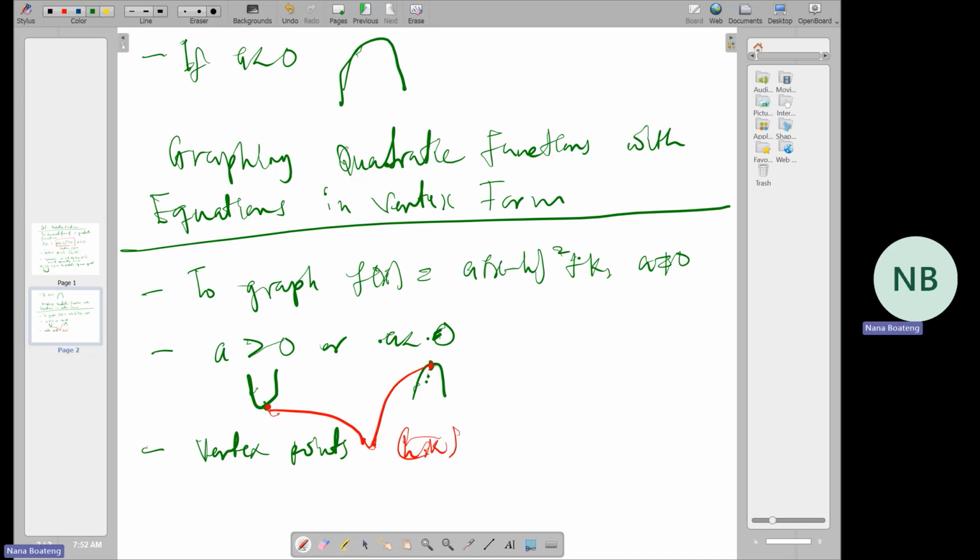And the next is we have to find the x-intercepts, which means we have to set the function equal to 0 and solve for the x values to determine the x-intercepts.